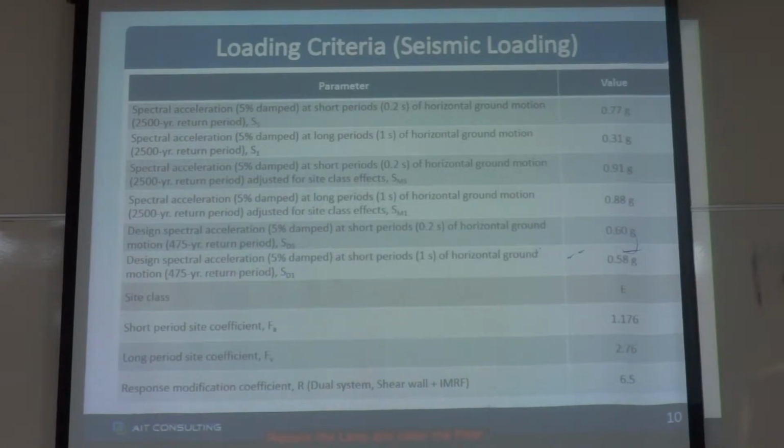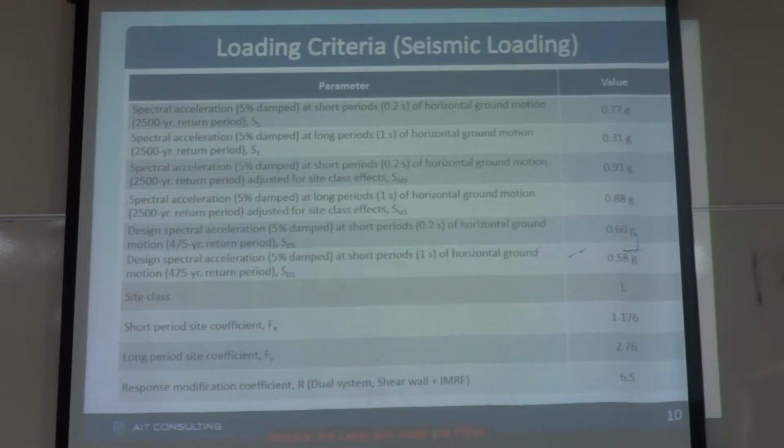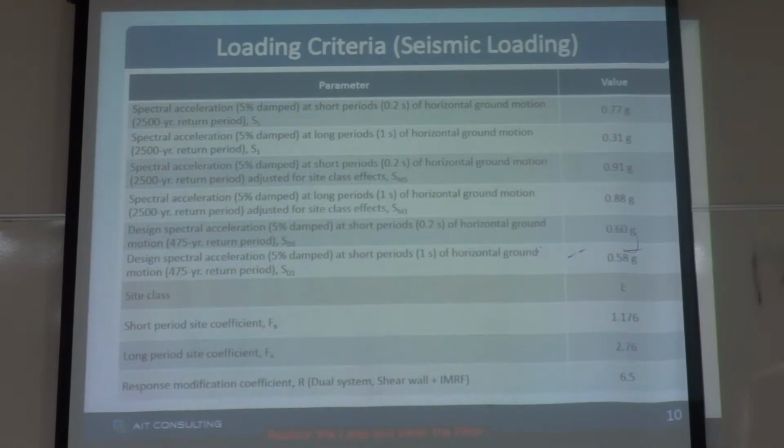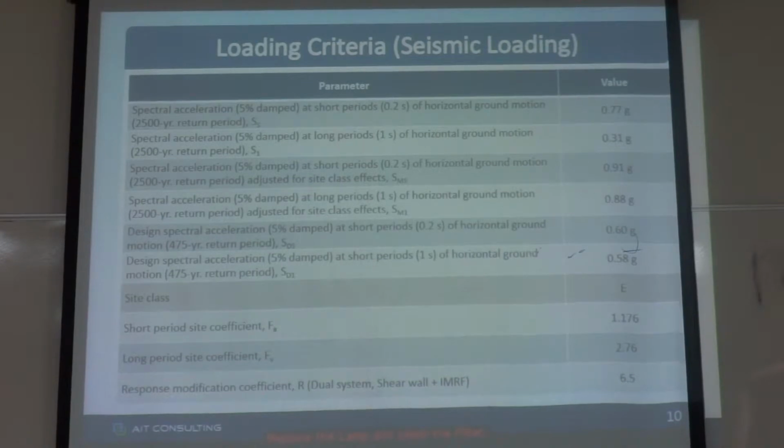That natural period is the building natural period. So you can estimate that 0.2 second corresponds to about a 2-story building, and 1 second means a 10-story building.